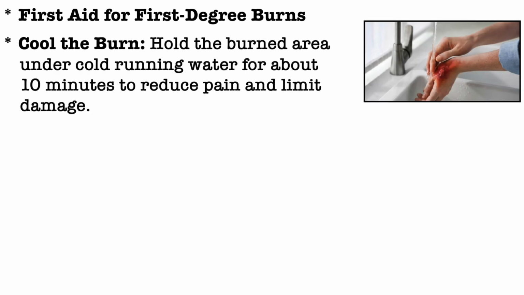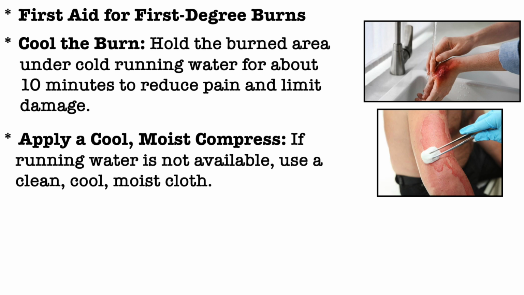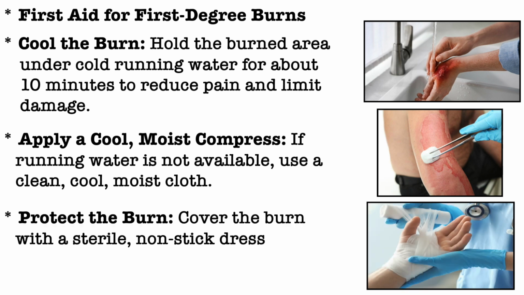First step is to hold the burned area under cold running water for about 10 minutes to reduce pain and limit the damage. Second step is to apply a cool, moist compress. If running water is not available, use a clean, cool, moist cloth. Third step is to protect the burn. Cover the burn with a sterile, non-stick dressing or a clean cloth.